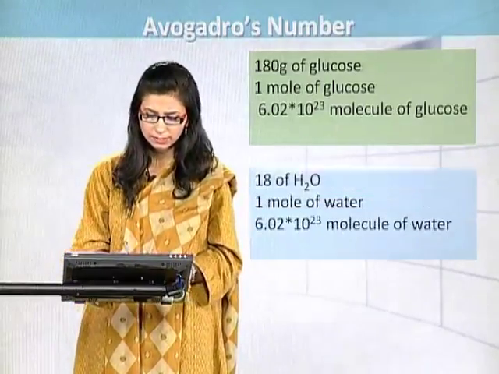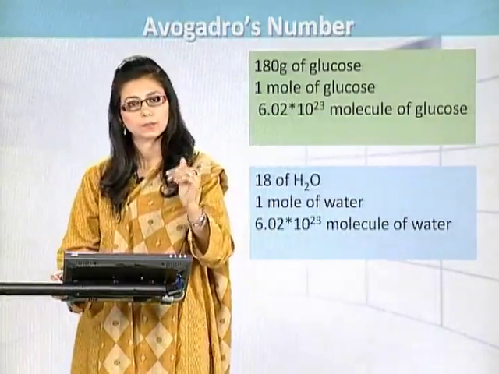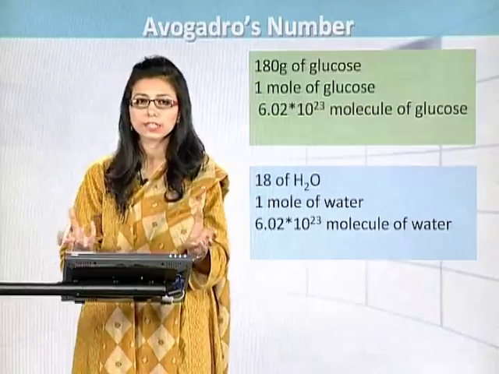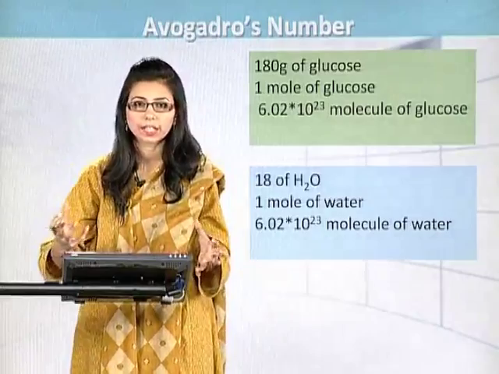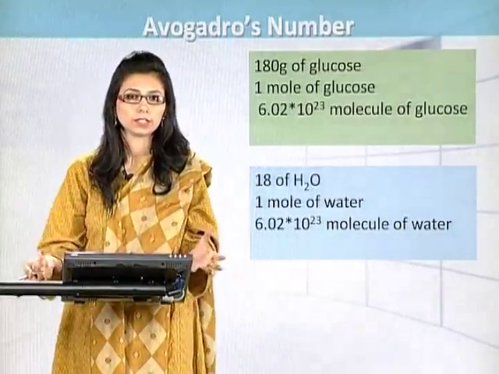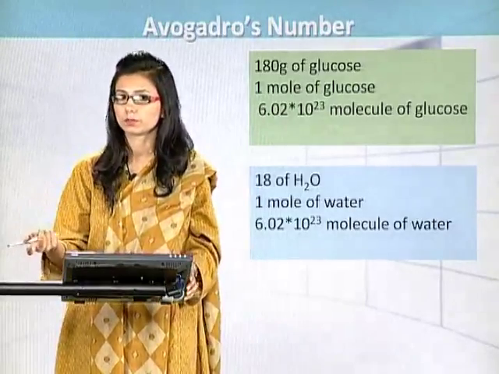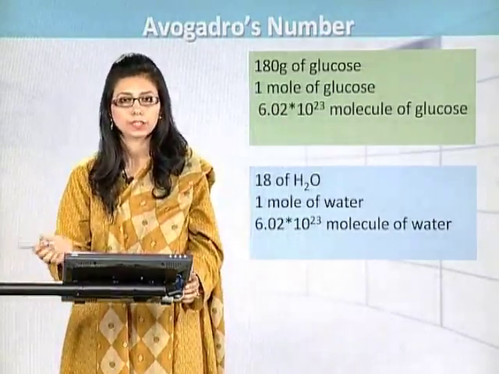That specifies the number of particles in 1 mole quantity. Certain species, like we talked about in the definition, we have moles of molecules, of certain substances whose molecules exist. If we want to define how many molecules of glucose are there in 1 mole of glucose, that will remain the same, 6.02 × 10^23.